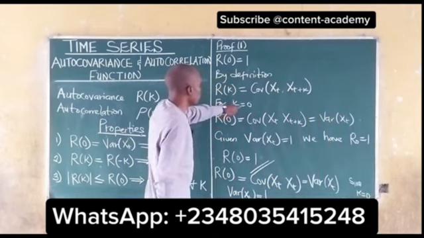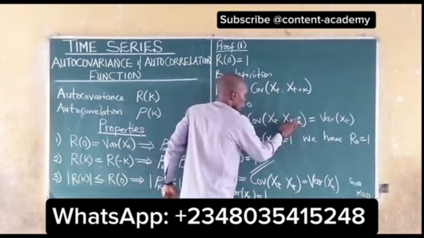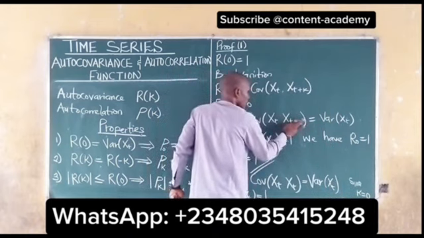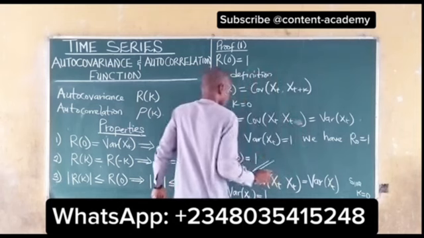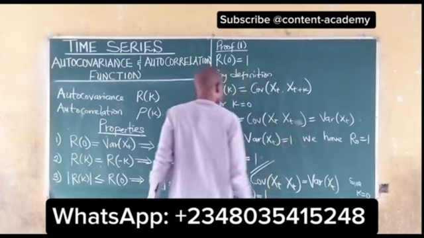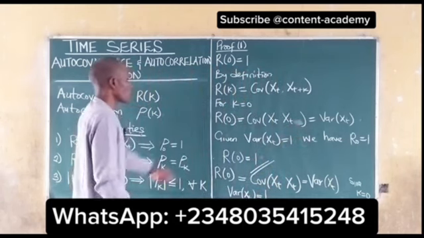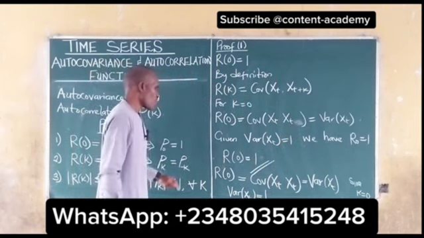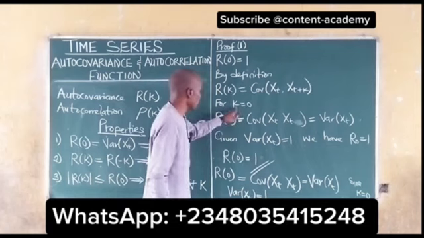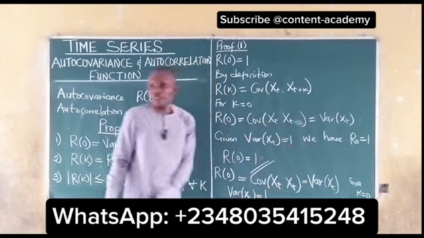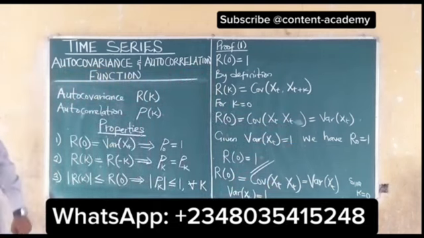If we input k equal to 0, this turns to 0 automatically, so we can have this as this, as simple as ABCD. So this ends our proof. That's the proof for the first one.